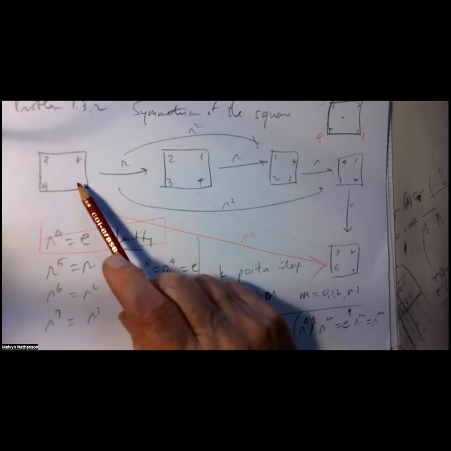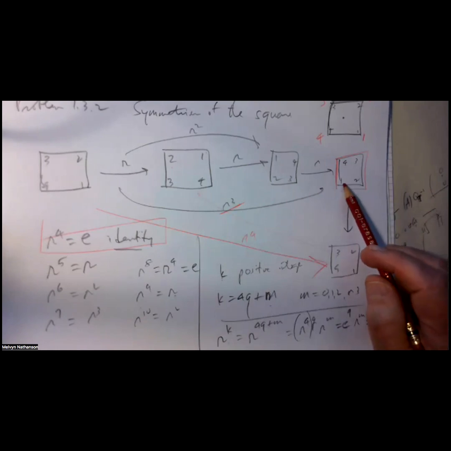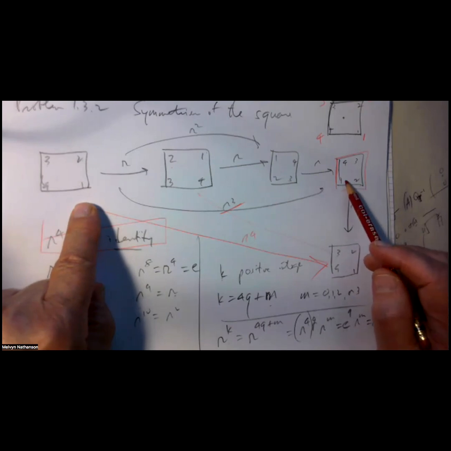Now, in the second part, it asks about r cubed. So here we can see in the picture what r cubed is. You have the square, you rotate once, twice, three times, you end up over here. That's r cubed. And if you look at r cubed and compare it to r, this is like a rotation backwards by 90 degrees.